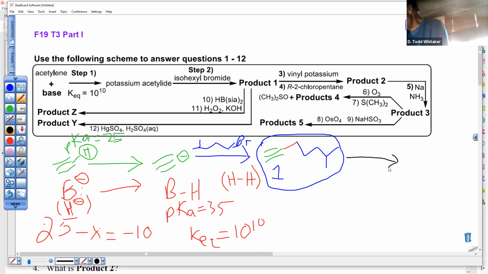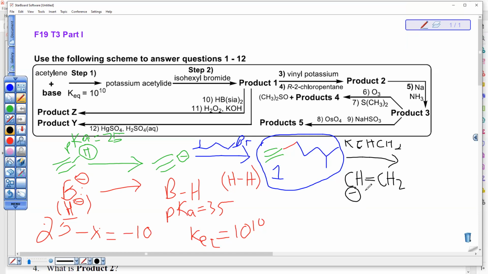And it says it's KCH2, which is CH double bond CH2 with a minus charge after you cross off the spectator.